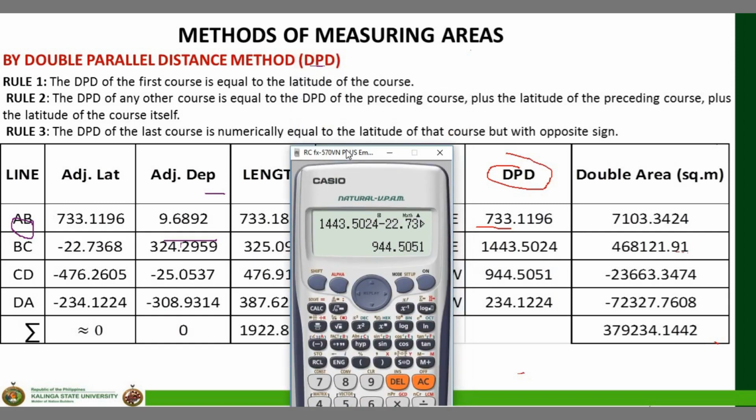Anong sabi sa Rule 3? The DPD of the last course is numerically equal to the latitude of that course, but with opposite sign. So dito, ang latitude ni DA ay negative 234.1224. Pag sinulat ko na si DPD, magiging positive 234.1224.